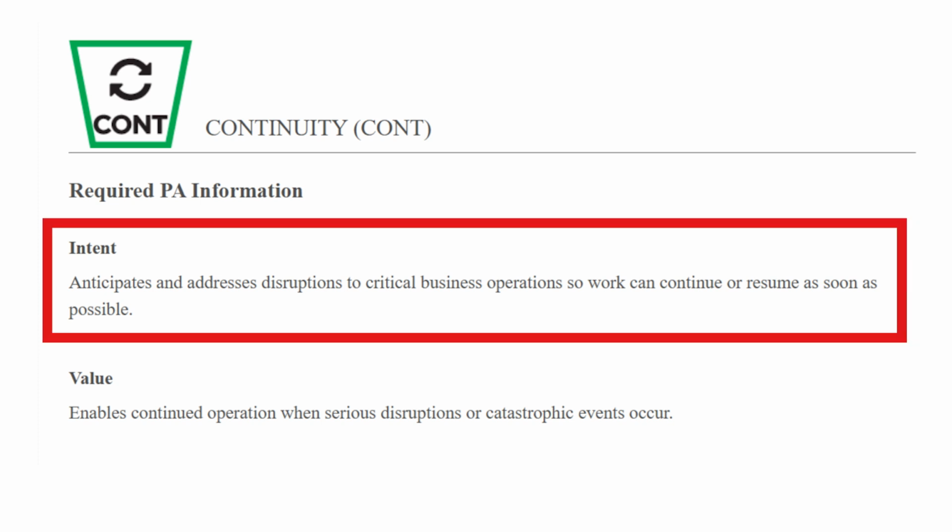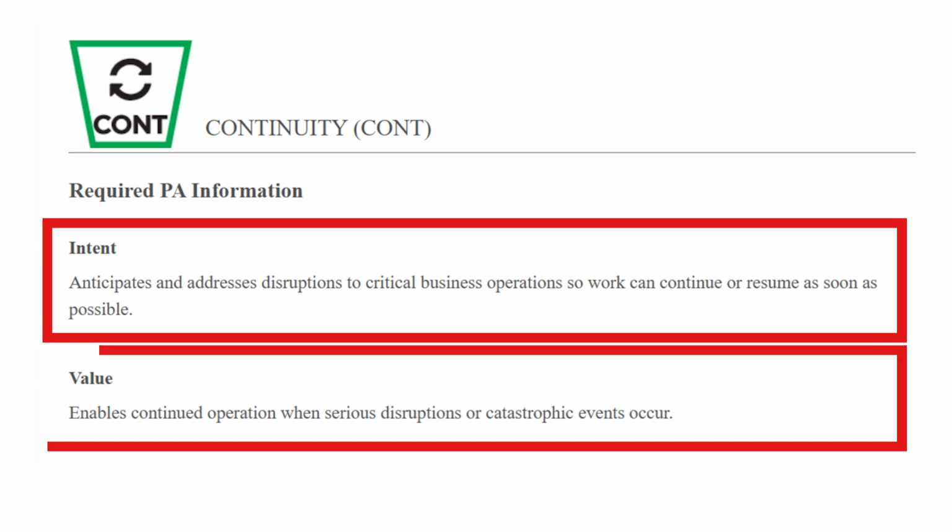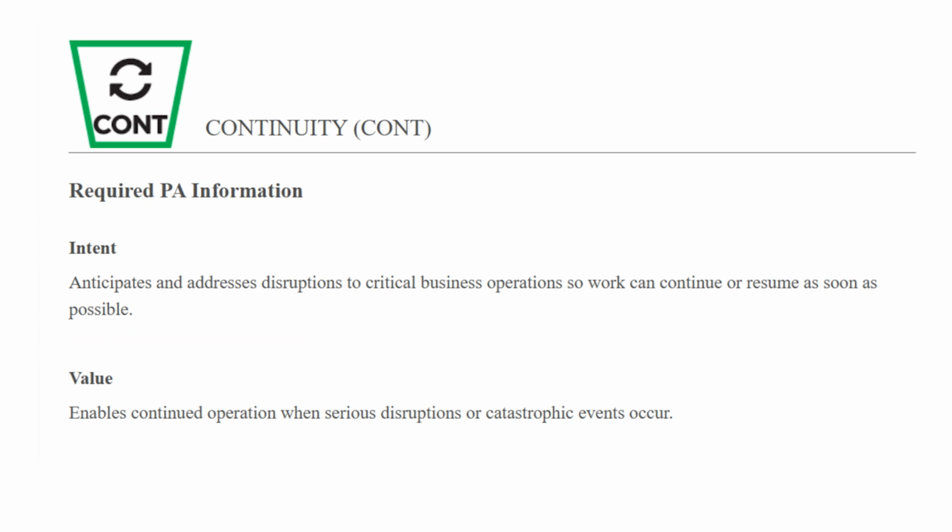Intent: anticipates and addresses disruptions to critical business operations so work can continue or resume as soon as possible. Value: enables continued operation when serious disruptions or catastrophic events occur. Note the phrase critical business operations.